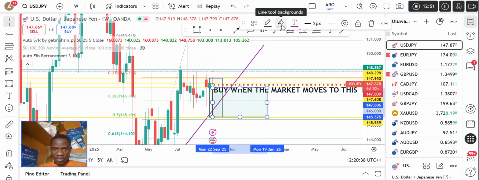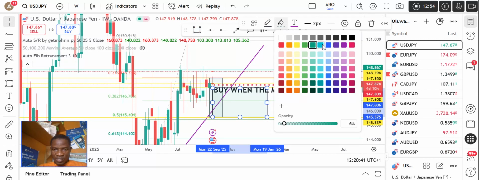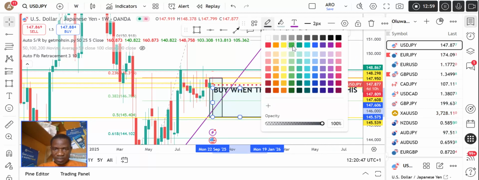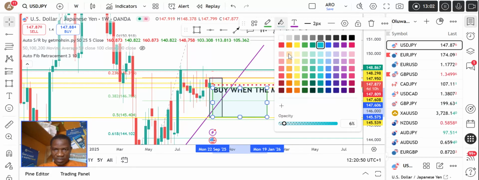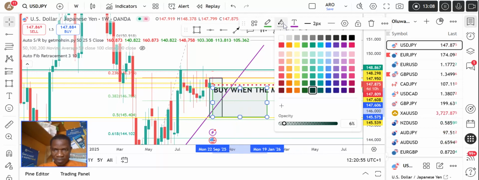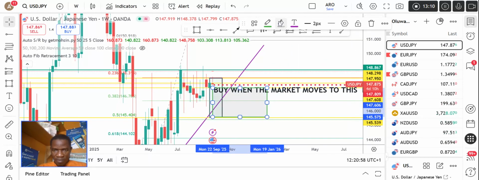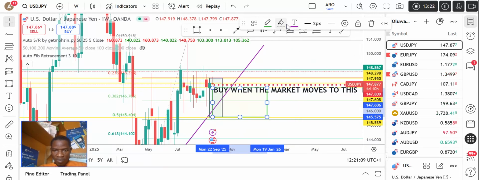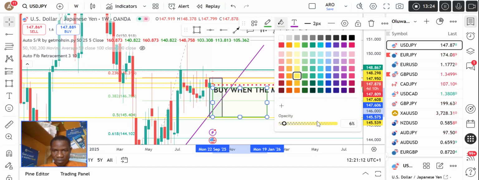Let me change the color. I'm going to make this color red.